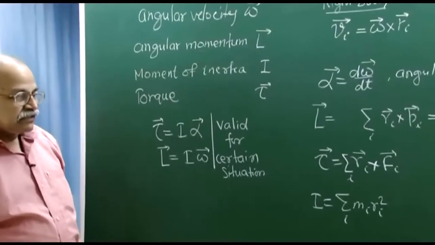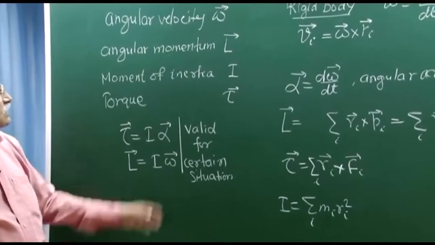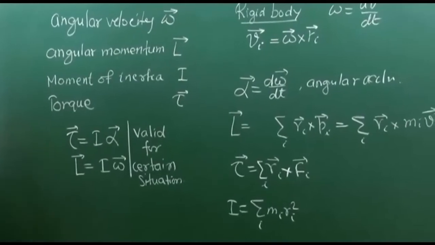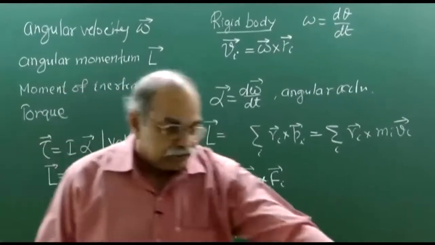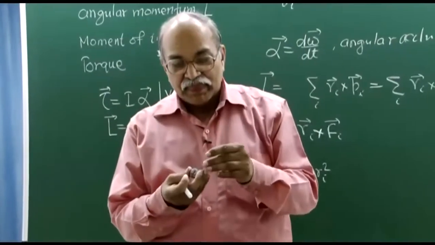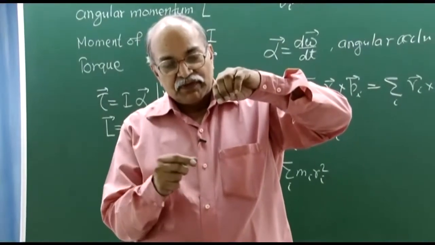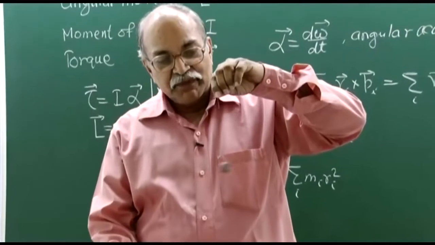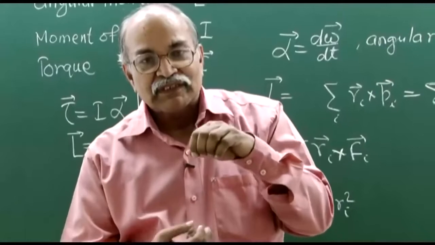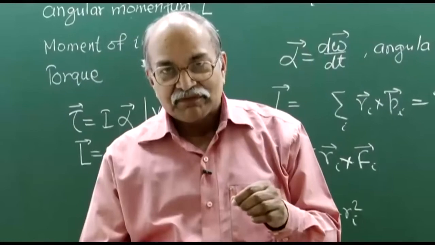So, first let me talk in terms of a conical pendulum and see what these quantities are for that conical pendulum. So, here is a pendulum. If I just move this pendulum like this, it is a simple pendulum, but if I move it in a cone, this thread goes in a cone, it becomes a conical pendulum.